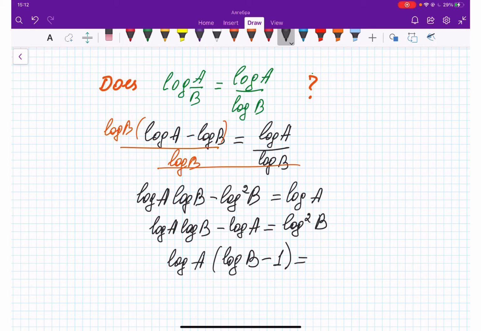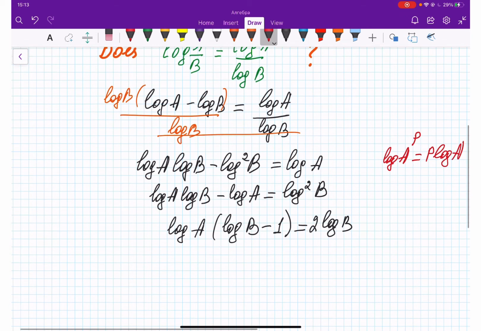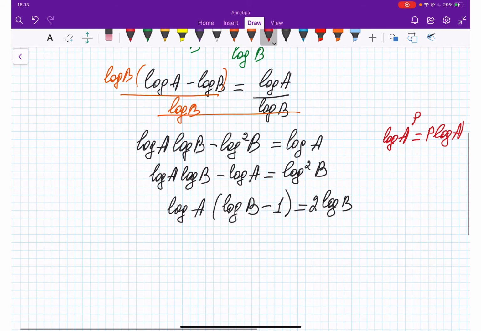And log square b, based on property, is equal to twice log b. Real quick, log a by base p is equal to p times log a.